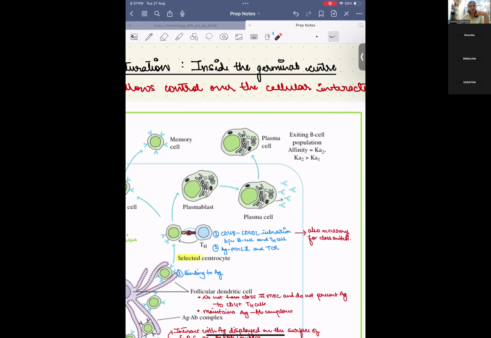So of the 5, how is that switch happening? The IgM molecule is going to change into which isotype of the immunoglobulin, say IgG or IgA. That switch is also determined by this interaction of the CD40 and CD40L molecule, right?